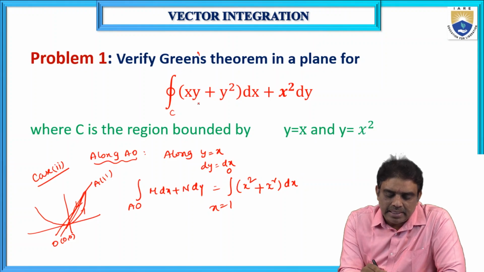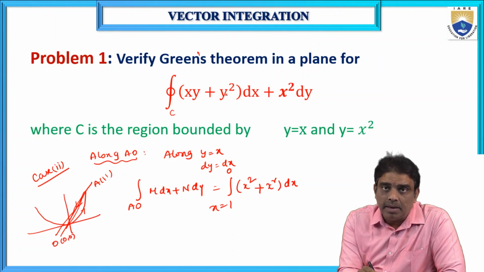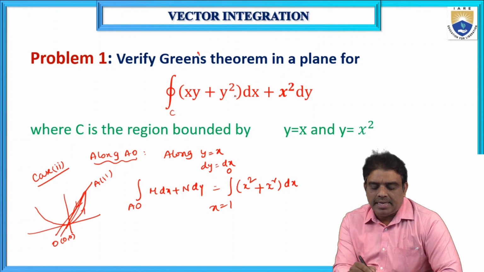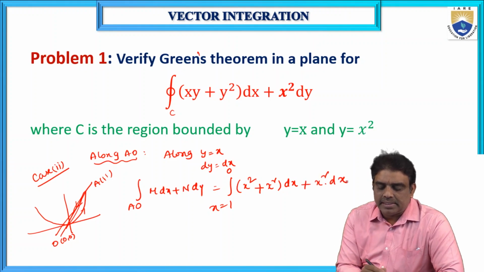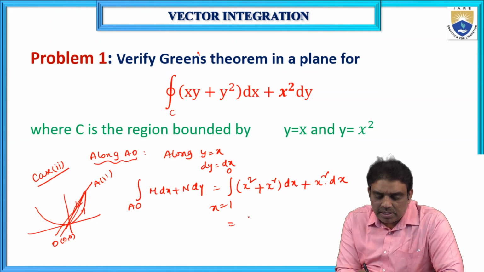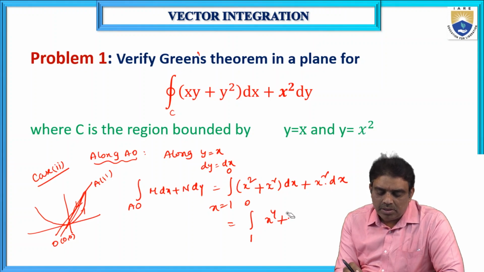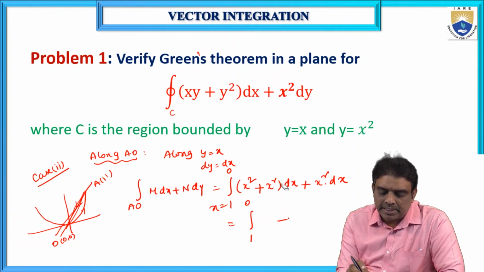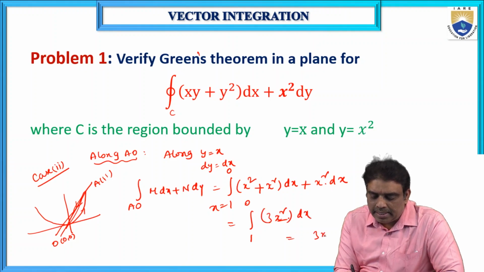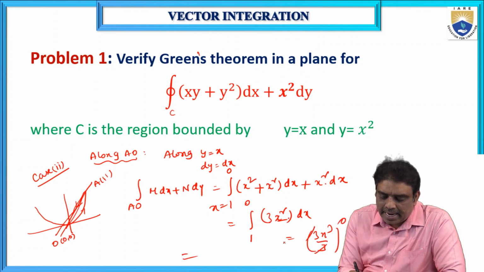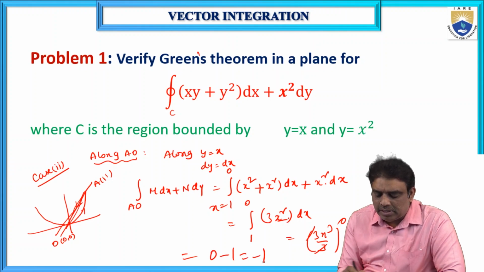Y plus x, that is x square, here we replace y with x, x square dx as it is, plus x square dy, where dy is equal to dx. So what is the value? Integral from 1 to 0 of x square plus x square plus x square, that is 3x square dx, or 3x cubed by 3 between 1 and 0. The 3 cancels, the value is 0 minus 1, that is equal to minus 1.